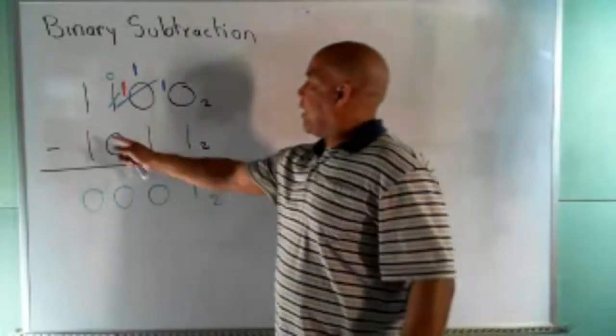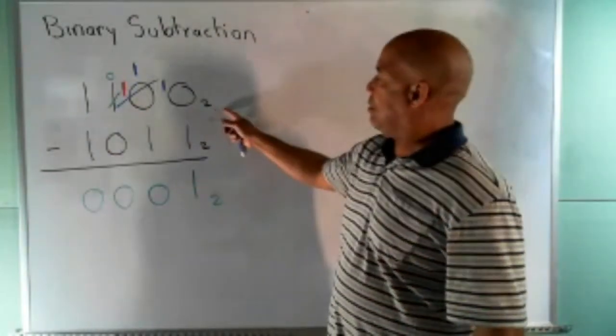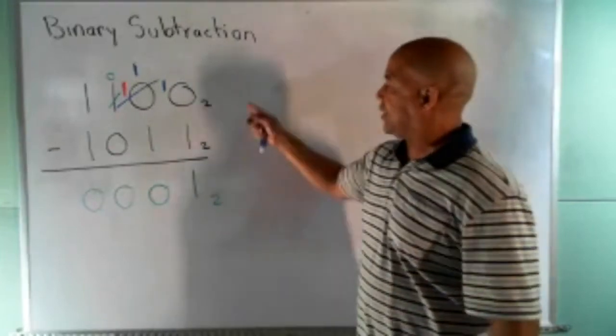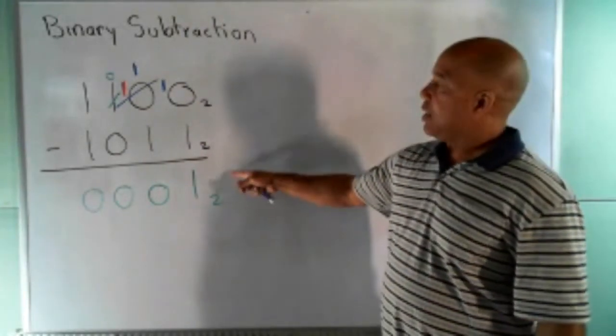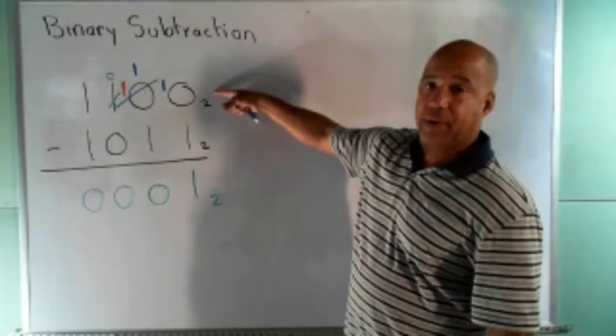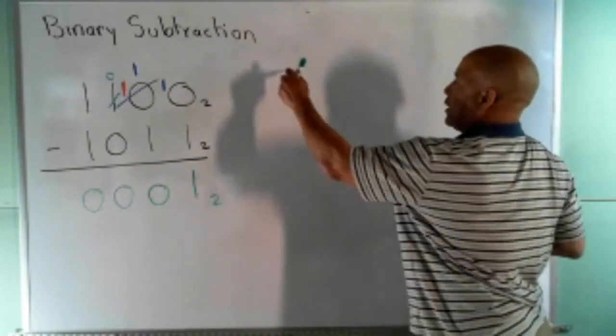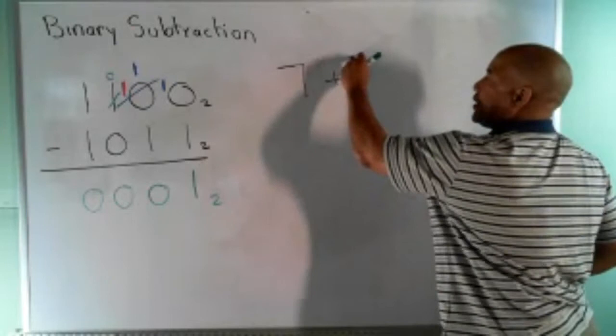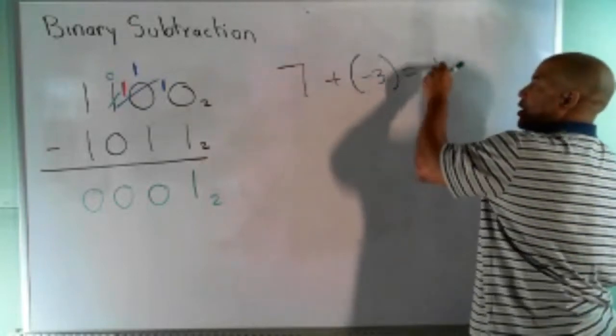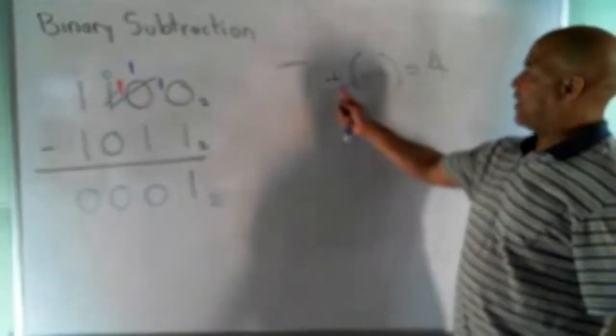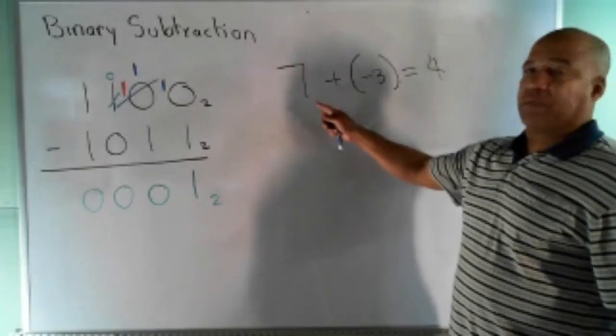I know if I take a 1100 and a 1011 and subtract, I get a 1. But I should be able to take this number and add the negative and also get that number. That would be exactly what I did before. I took 7 plus a negative 3 and got the same result that I would get if I just directly subtracted a 3 from 7.